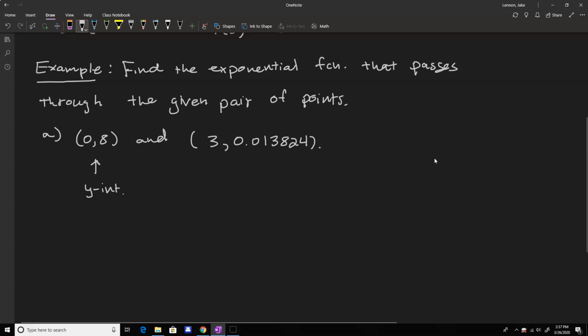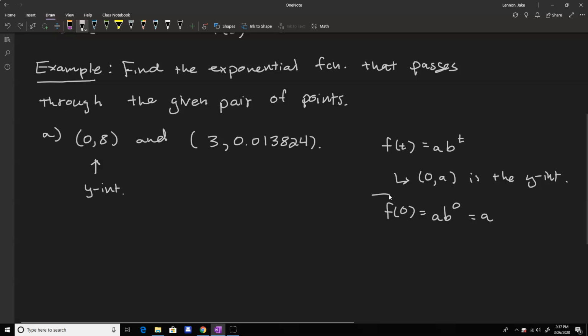When you look at f of t equals a times b to the t power, 0, a is the y-intercept. If you plug in 0, you get a times b to the 0 power, which is just equal to a. That is why 0, a is the y-intercept.